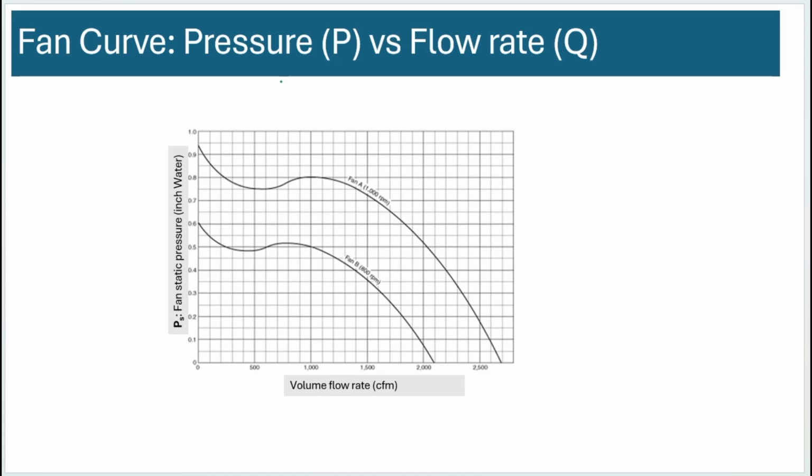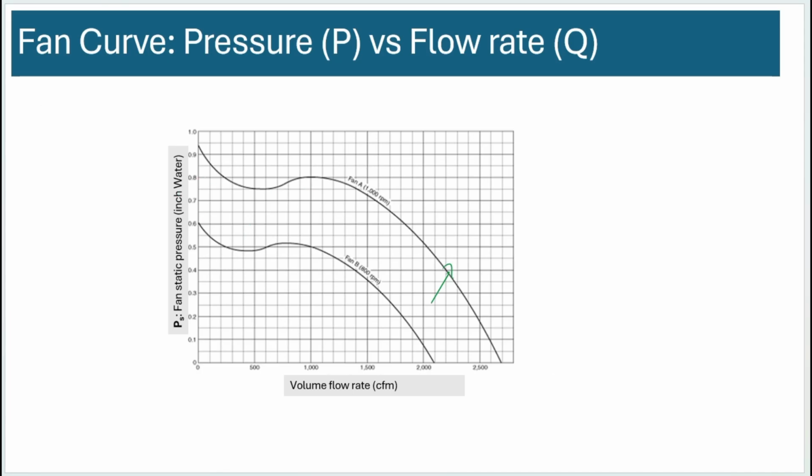So these are static pressure curves with respect to volume flow rate. Here they are providing it for two different RPMs of the fan, 800 RPM and 1000 RPM. The higher the RPM, the more the pressure, okay? So it can generate more static pressure.